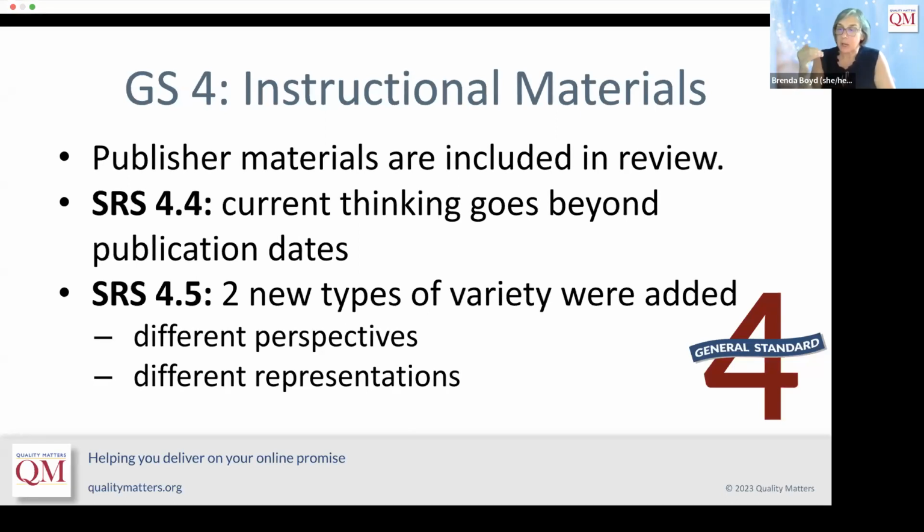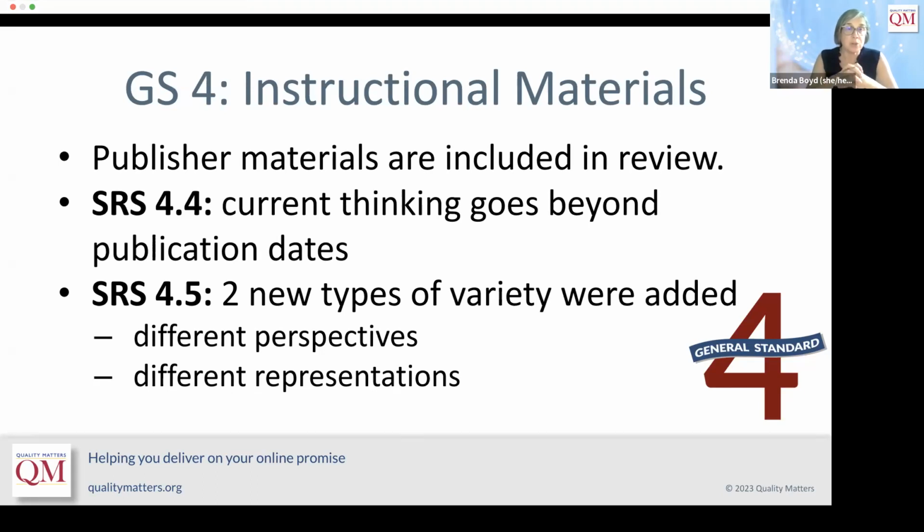So in specific review standard 4.5, we have added 2 new types of variety. So you have your variety of instructional materials. That's always been in 4.5. So the committee suggested adding a couple new kinds of variety into 4.5. So one is a variety of perspectives. So having underrepresented authors, people whose voices are not usually heard in courses.